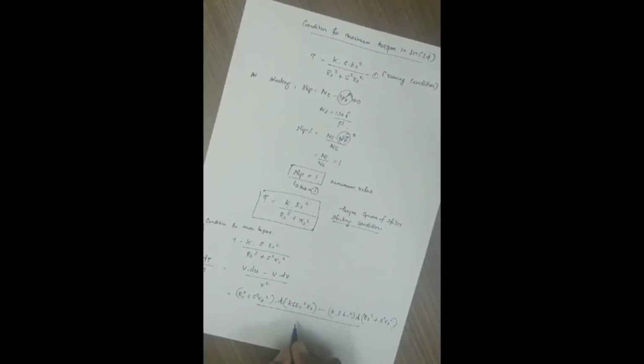So it is R2 squared plus S squared X2 squared into the differentiation of S into K E2 squared, minus K into S into E2 squared into the differentiation of R2 squared plus S squared X2 squared, divided by R2 squared plus S squared X2 squared, the whole square.